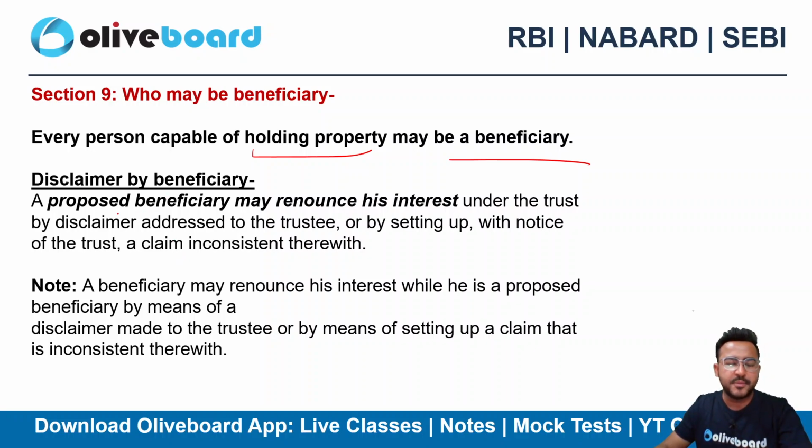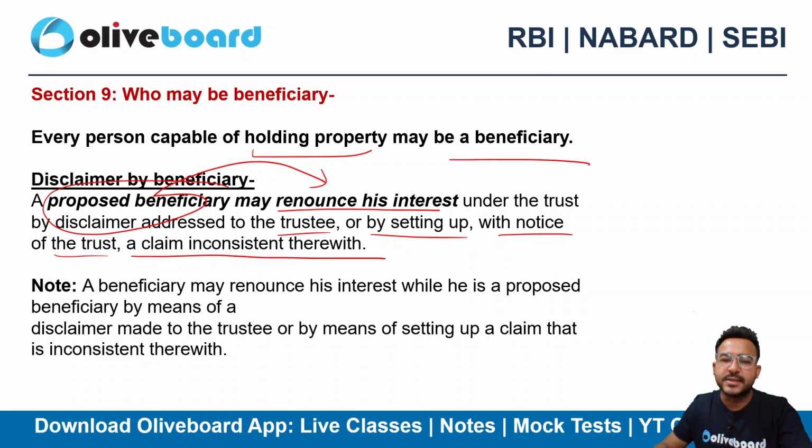Disclaimer by beneficiary: a proposed beneficiary may renounce his interest under the trust by disclaimer addressed to the trustee or by setting up, with a notice of trust, a claim inconsistent therewith. So a proposed beneficiary may also renounce his interest, okay, may also transfer his interest.